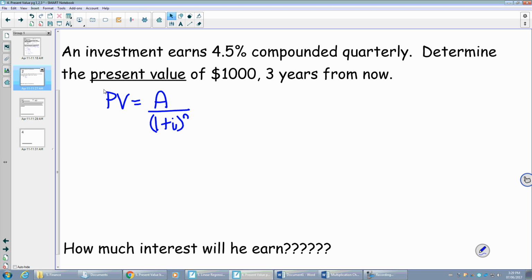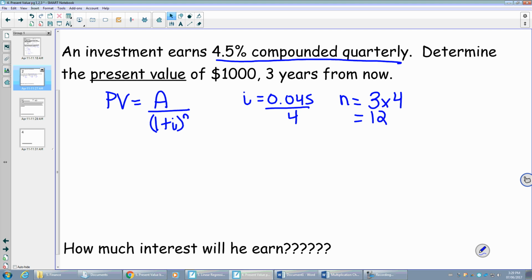I'm reading an investment earns 4.5% compounded quarterly. So my i is equal to 0.045 divided by 4. That's where the quarterly comes in. Okay, my n will be 3 years from now. So I take 3 and I times it by 4, which gives me 12.